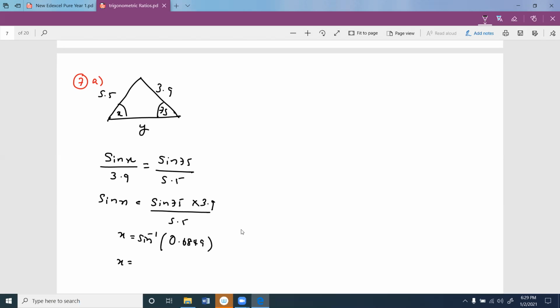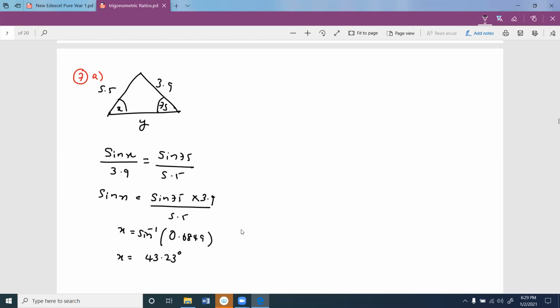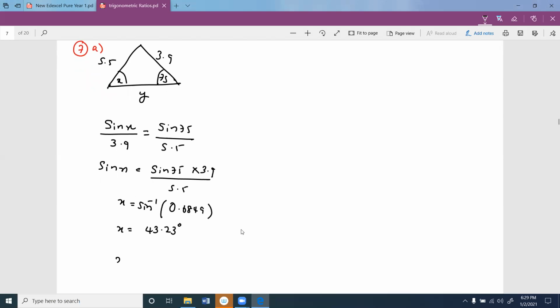So x becomes 43.23. Then we have to see whether we need to consider the other angle as well, x2. x2 is 180 minus 43.23, which turns out to be 136.76.